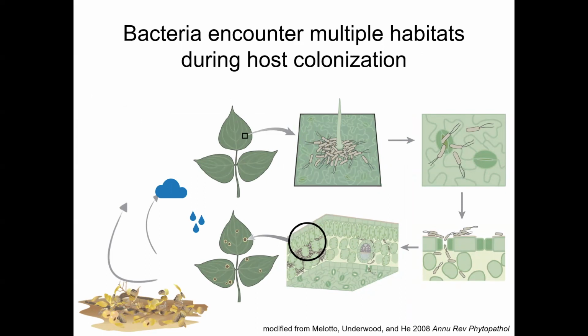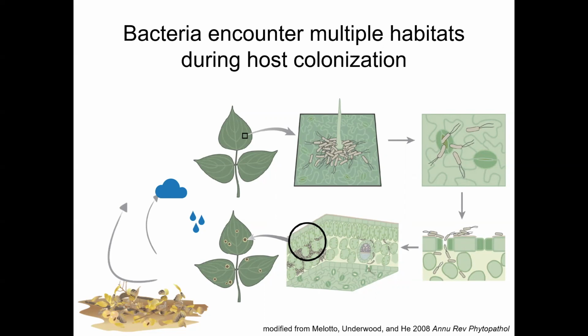So for a typical infection cycle, you have cells land on the leaf surface, often through rain splash or movement from plant debris. Cells can reach relatively high population sizes on the leaf surface. This is their epiphytic growth stage. Some strains are a lot better at this than others.